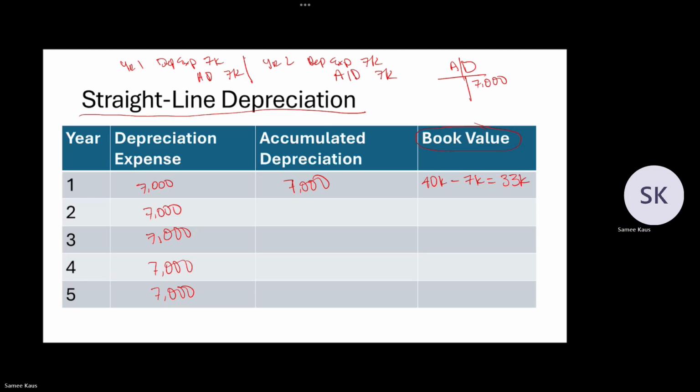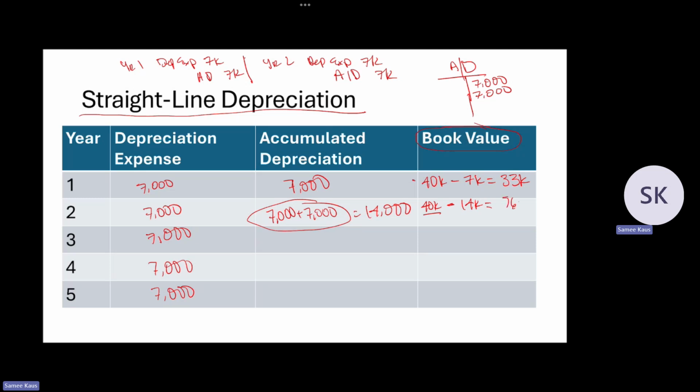But what happens to accumulated depreciation in year 2? Well, I hit it by another 7,000. So now I have my 7,000 from year 1 plus my 7,000 from year 2 gives me 14,000. When you calculate your book value, you could do it a couple of different ways. You could take the cost of your asset of 40,000 and subtract out your accumulated depreciation of 14, just like we did in year 1.